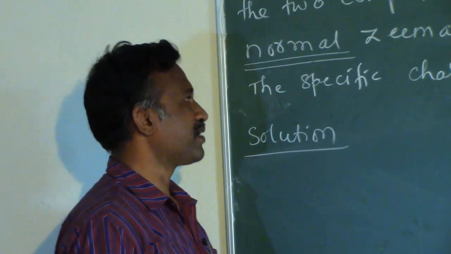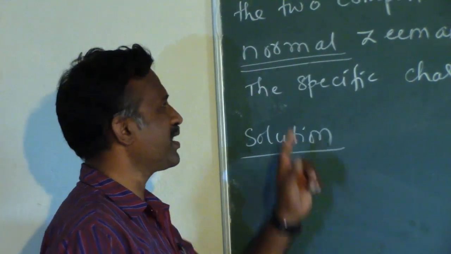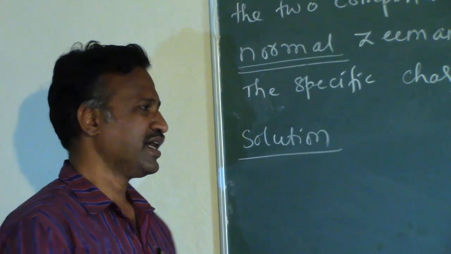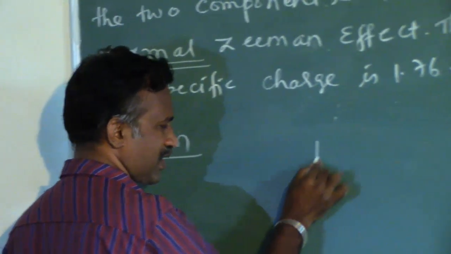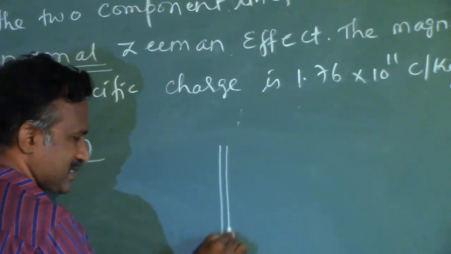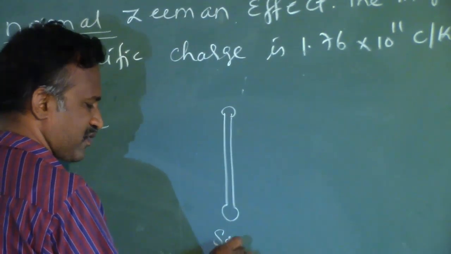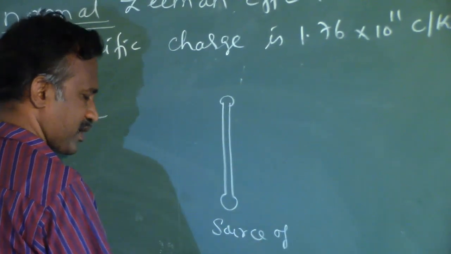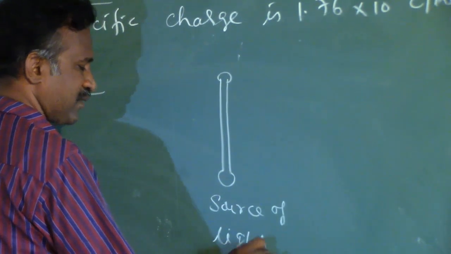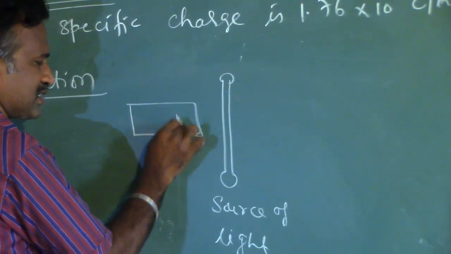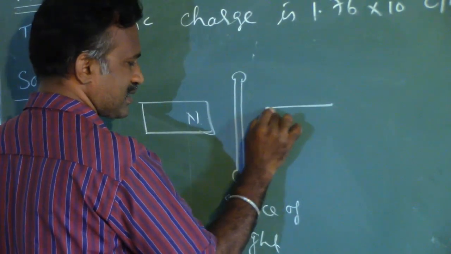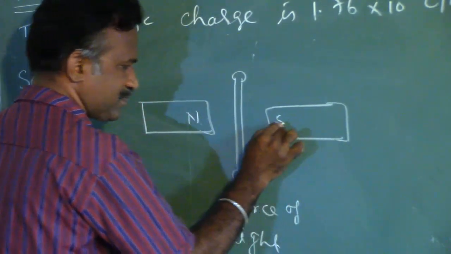Okay, students, now let us understand what I mean by normal Zeeman effect. See, suppose consider that you have placed a source which is producing a spectrum. This is the source of light in the presence of the magnetic field. So this is the north pole of the magnet and this is the south pole of the magnet.